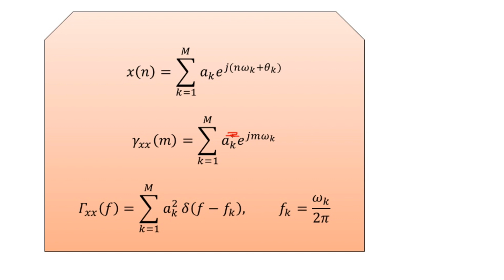So this is the process which is predictable with a predictor of order p, which will always be greater than or equal to M, as we have from the current formulae.